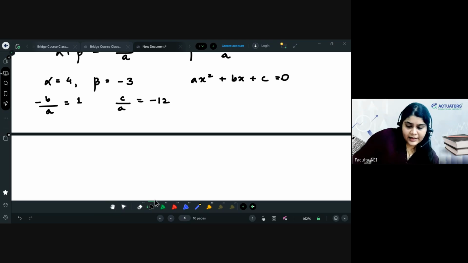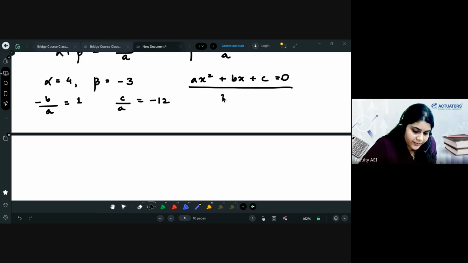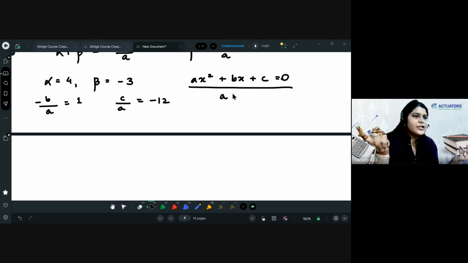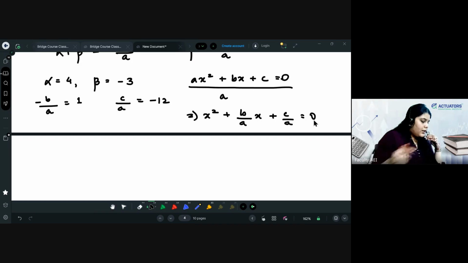अब इसमें let's say we divide this entire equation by a. Again हम लोग कोई भी चीज से divide कर सकते हैं. तो this equation becomes x square plus b by a x plus c by a. Right? Do we have b by a? Do we have c by a?